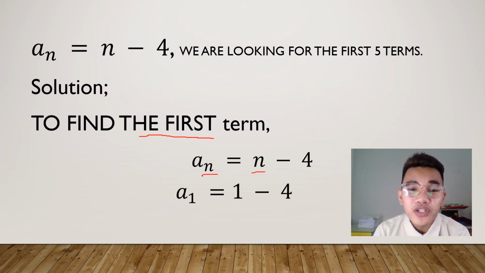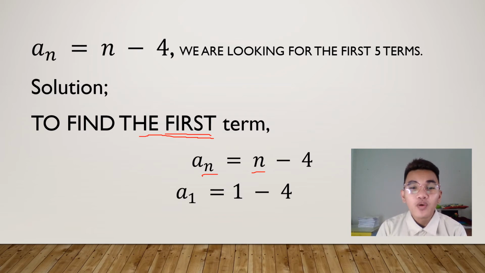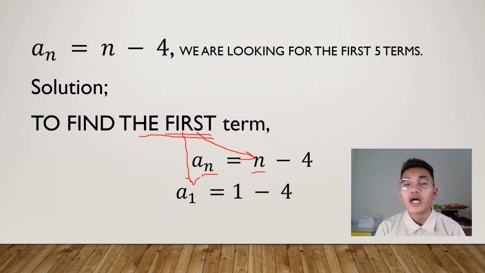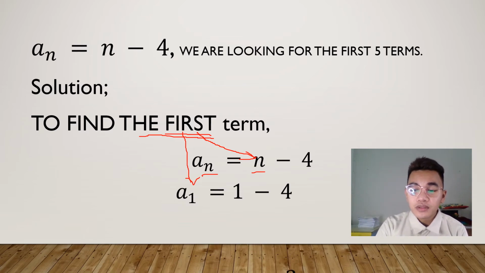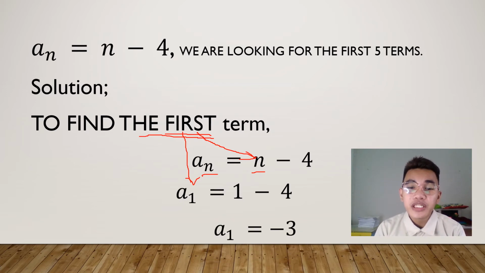So if we are looking for the first term, we replace n with 1 on both sides. What happens is a sub 1 is equal to 1 minus 4, and 1 minus 4 is equal to negative 3, so a sub 1 is equal to negative 3.